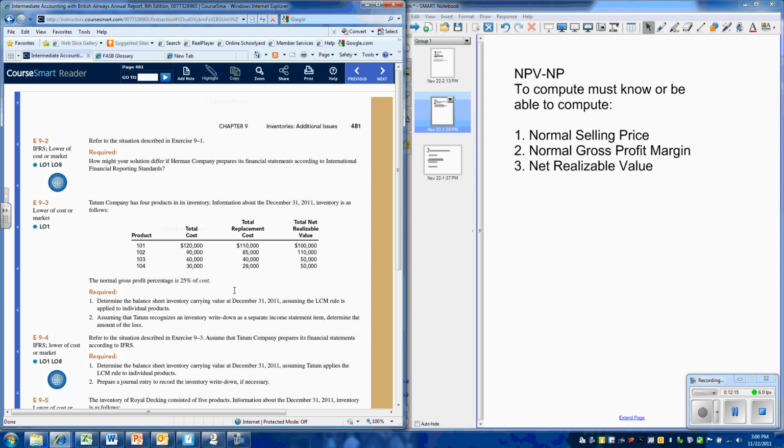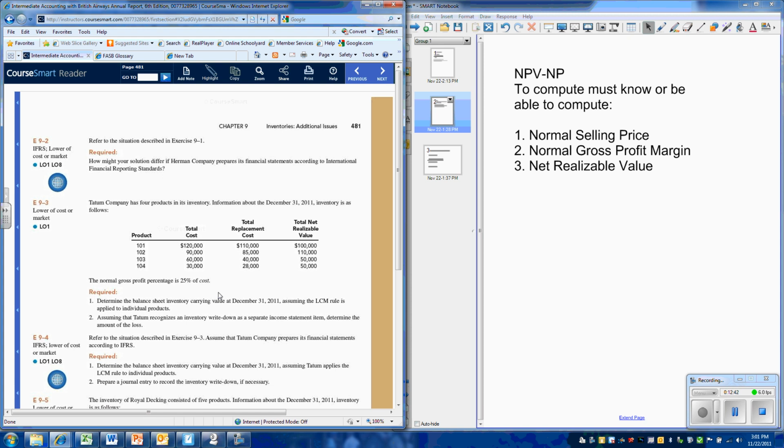So in that particular case, the normal profit would be the cost in the case of product A, 120,000 times 25% of course, and the normal profit there would be 1/4 of 120,000 or 40,000. So you have to be careful of how the problem is presented.